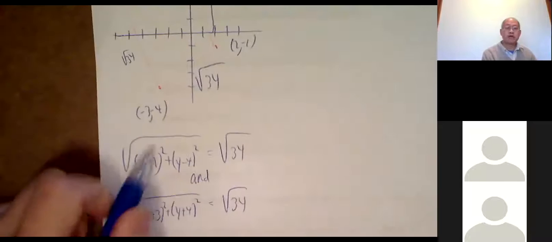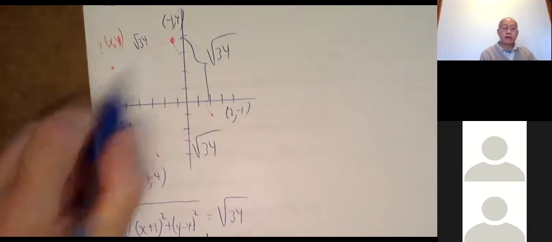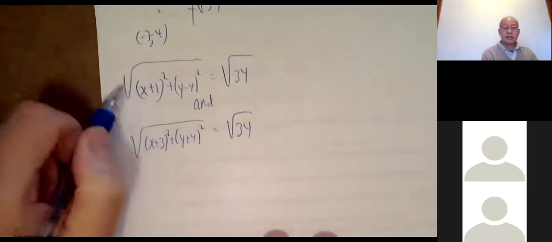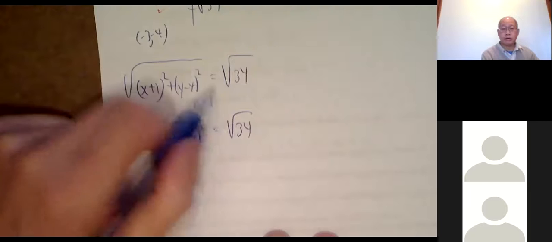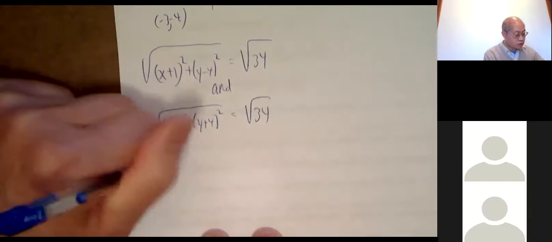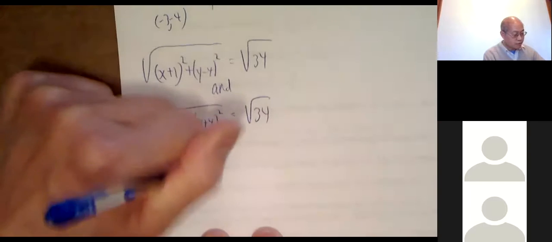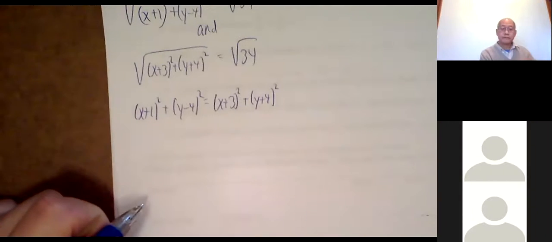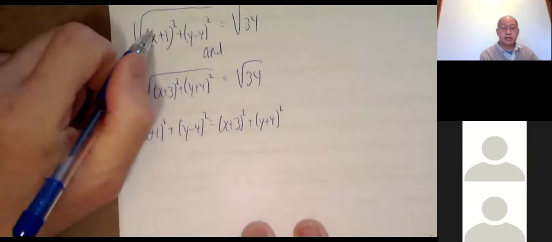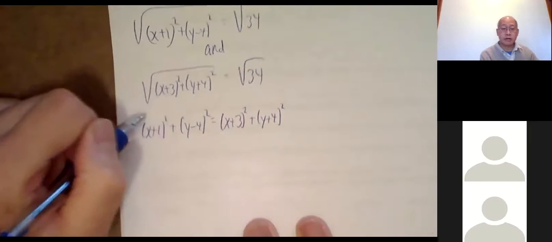Okay, so I'm using the distance formula from this given point to here and also to here. Let's see. I can square both sides, and these two now have to be equal to each other because they're both equal to radical 34. So in other words, x plus 1 squared plus y minus 4 squared is equal to x plus 3 squared plus y plus 4 squared. Okay, the thing under the square root has to equal the thing under the square root here.